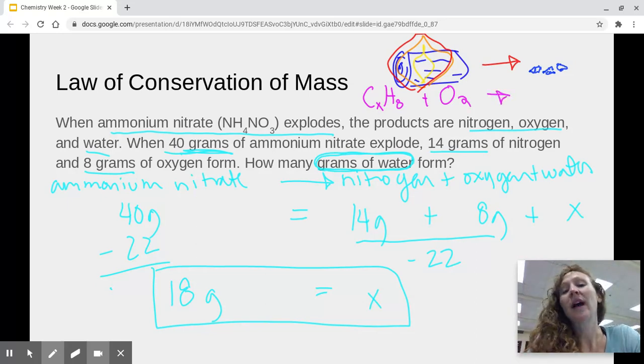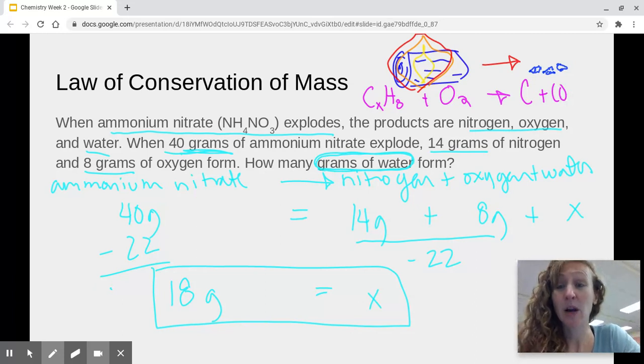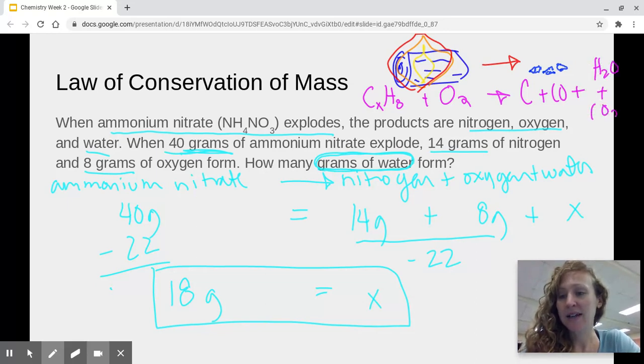And then whatever results is probably going to be carbon. That's the ash that's left over. You're probably going to have an incomplete burn, so you're probably going to produce some carbon monoxide. But the two things that are always, always, always produced in a combustion reaction where you burn something are going to be water and carbon dioxide.